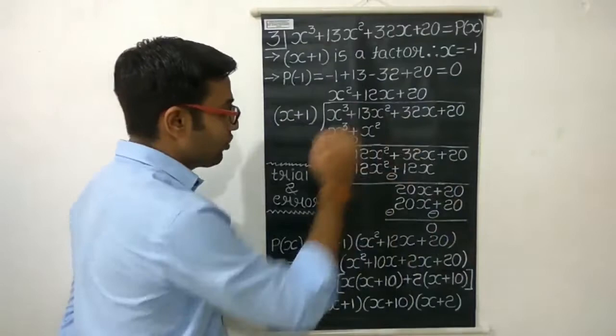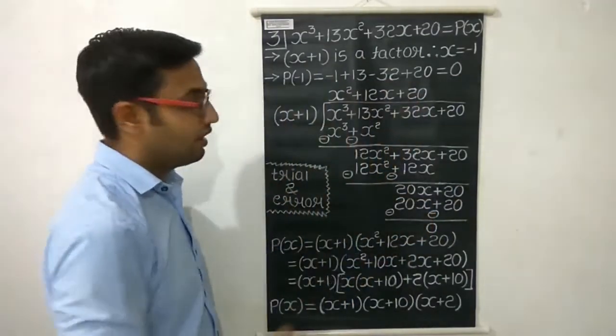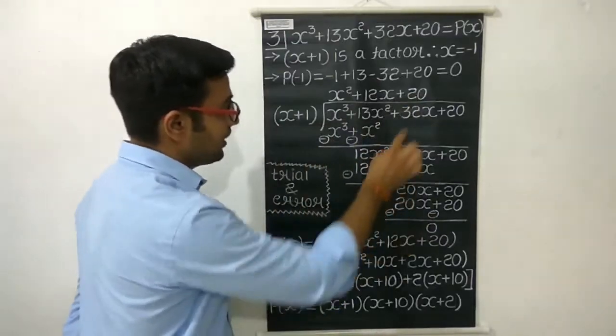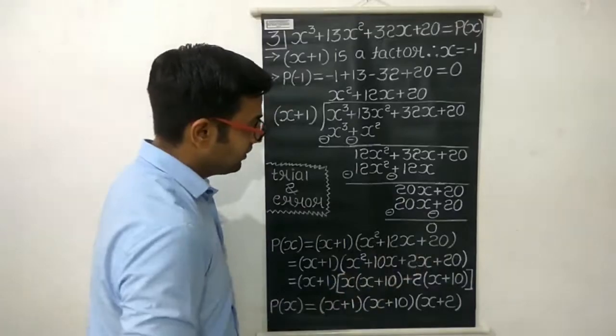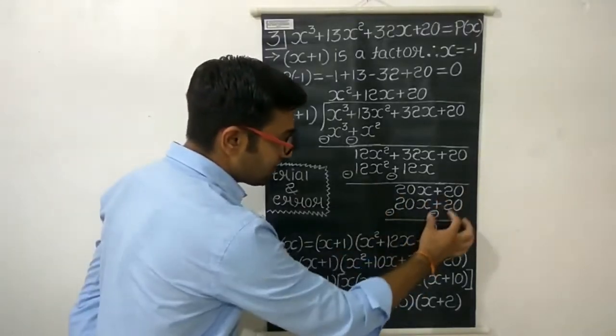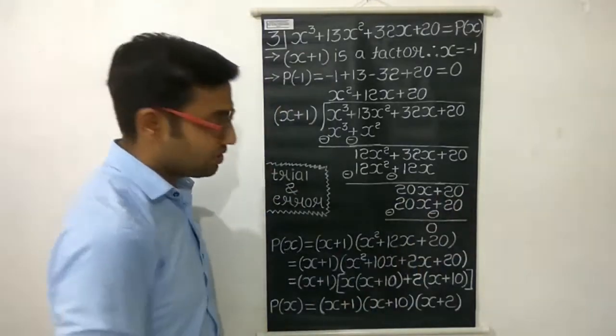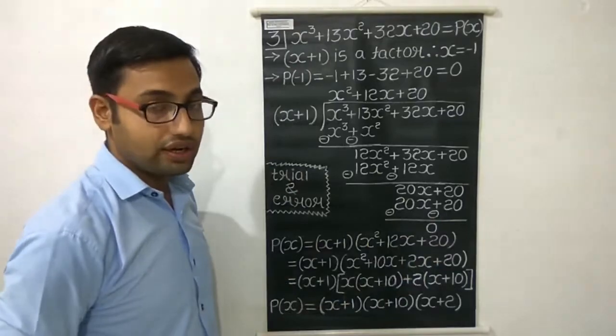To get the third quotient term, divide the 20x by x, we get 20. 20 into x is 20x, 20 into 1 is 20. Change the sign, this 20x and 20x will cancel out each other. This plus 20 and this minus 20 also cancel out each other. What will become? The remainder becomes 0, as I have said earlier.